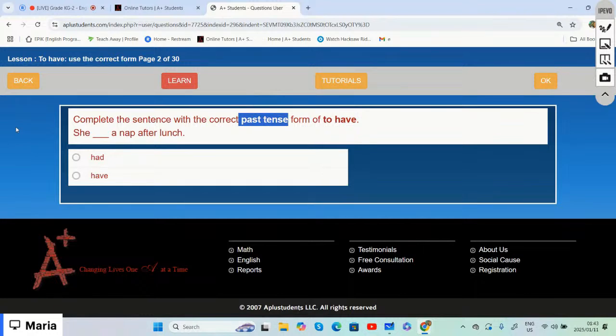So she had or she have a nap after lunch. This is the past tense form.